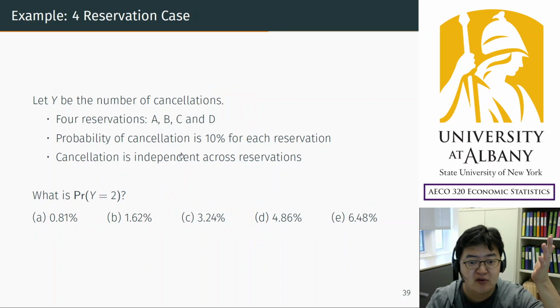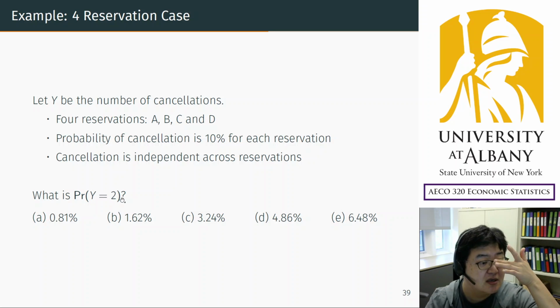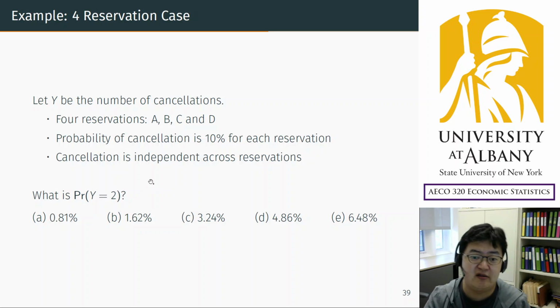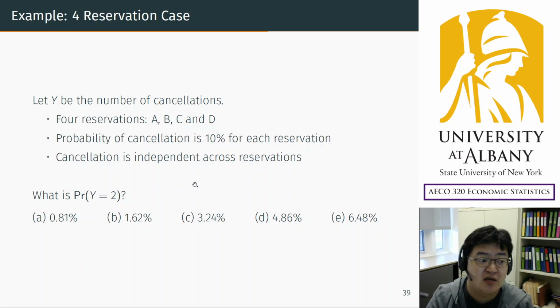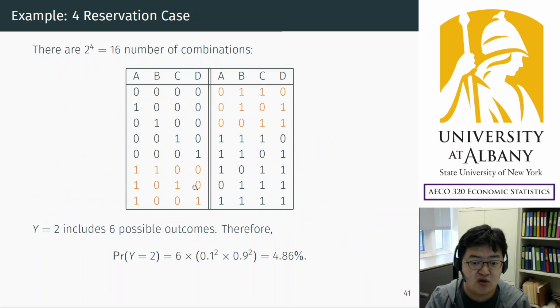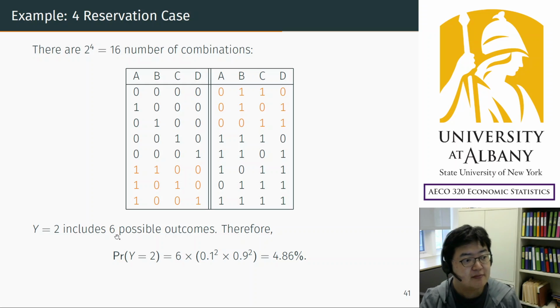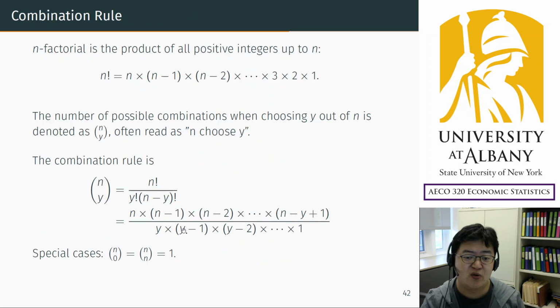There are 4 reservations and 2 cancellations, so you may think it would be 2 or 4 or 8, something like that. But actually not. Actually, you had to multiply by 6. That's the most annoying part of this distribution model, which I'm going to explain in the next video. That's called the combination rule.